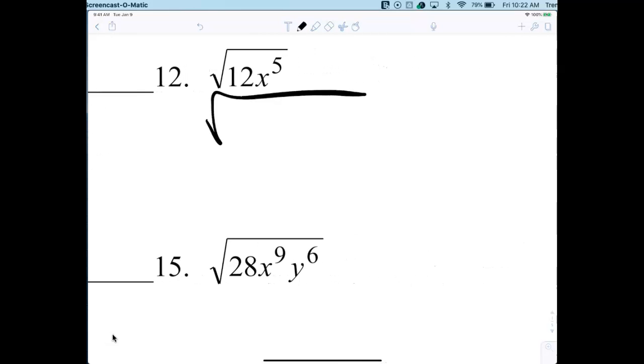Here we go. How do I break 12 down? Not 6 and 2. 6 is not a perfect square. 2 is not a perfect square. 4 and 3. What do I do with x to the 5th? x to the 4th and x. Wow, thank you.